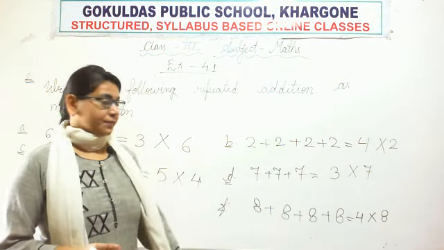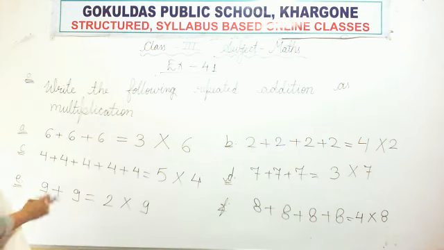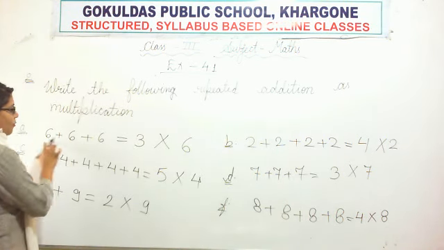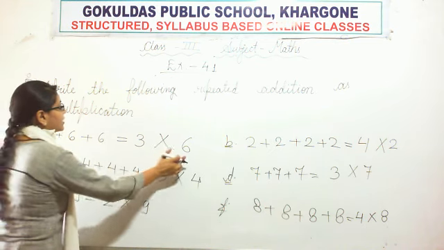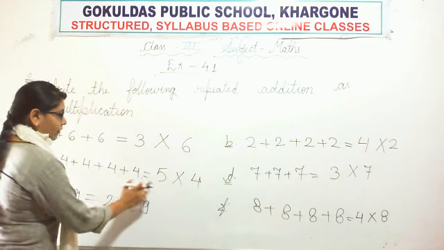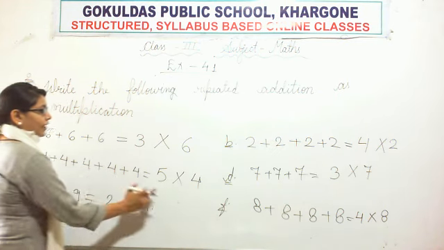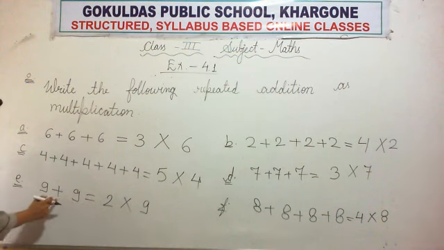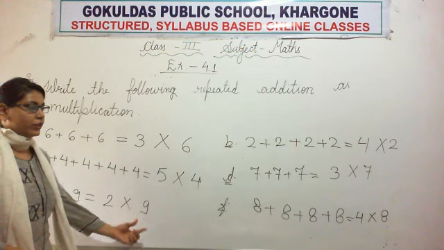Okay students? So let's revise one more time. 6 plus 6 plus 6. How many 6s? 3 sixes. 3 into 6. 1, 2, 3, 4, 5. 5 what? 5 fours. So 5 into 4. 9 plus 9. 1 and 2. 2 times. 2 times what? Number 9. So 2 into 9.